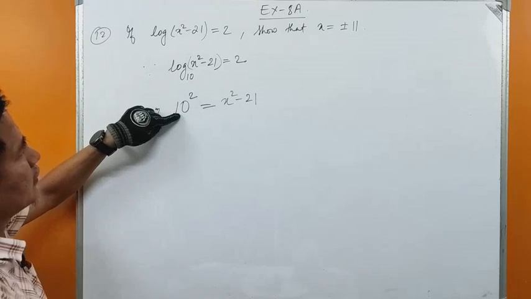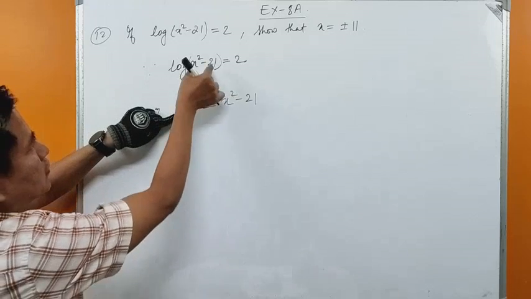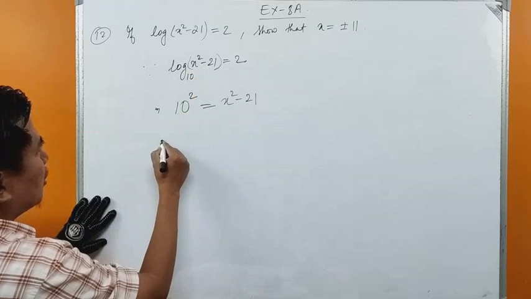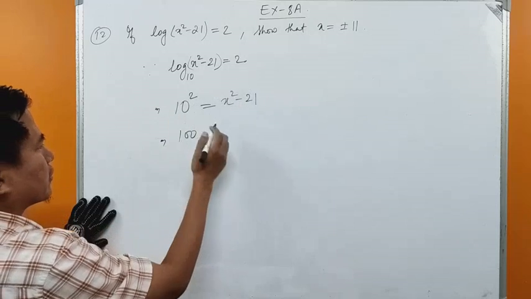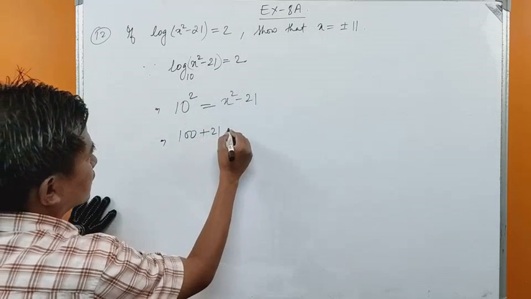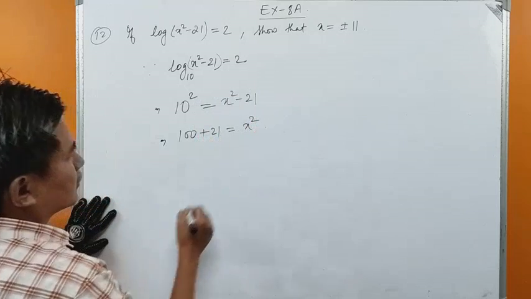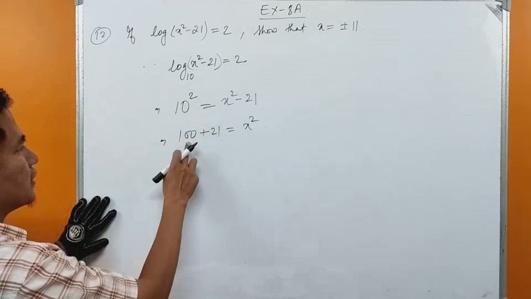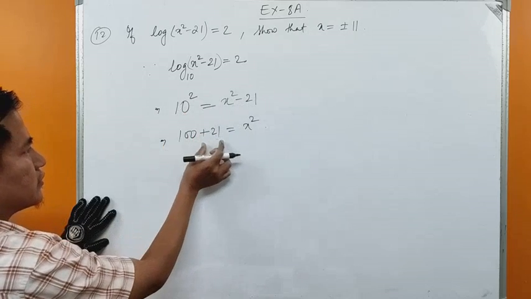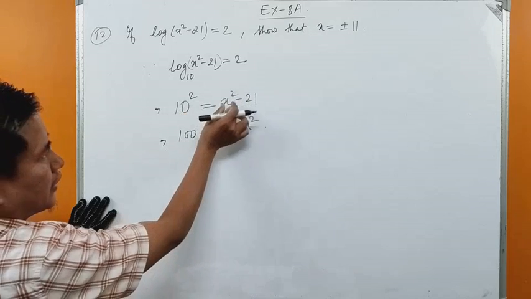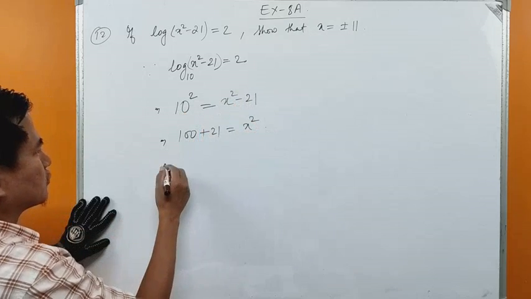Base 10, this becomes power, this number goes to the right hand side. So 10 square is 100, minus 21, let us bring to the left hand side, plus 21 equals to x square. Okay, 10 square is 10 times 10, 100, minus 21 becomes plus 21 when we bring this number to the left hand side. x square is in the right hand side, x square.